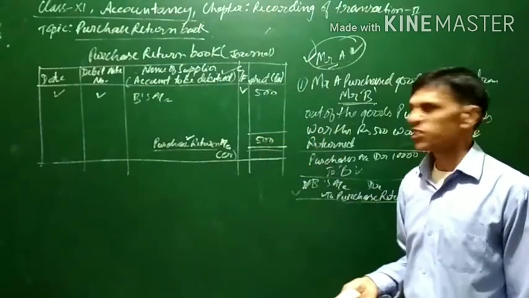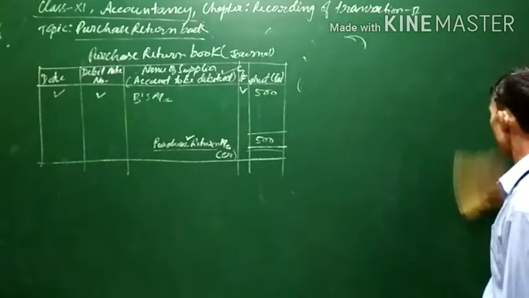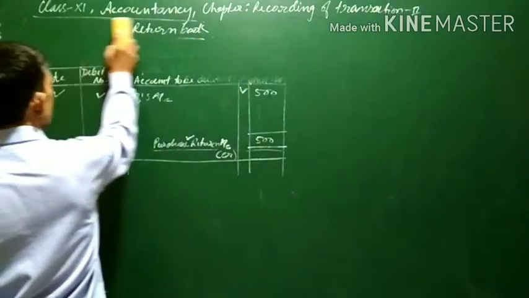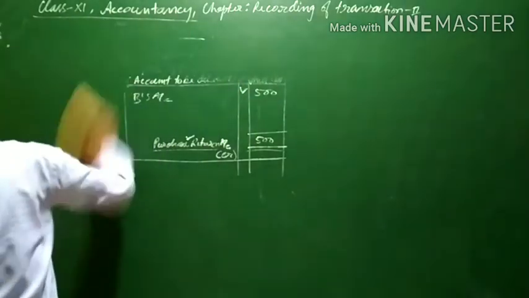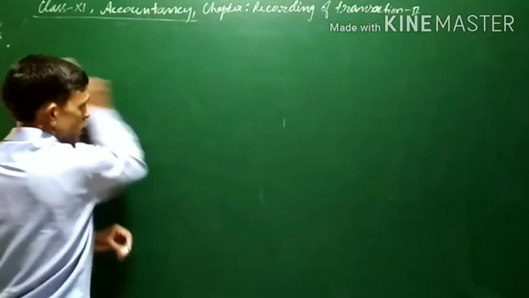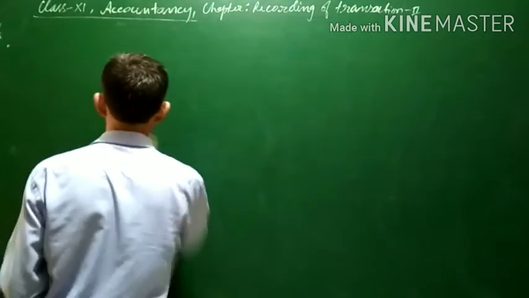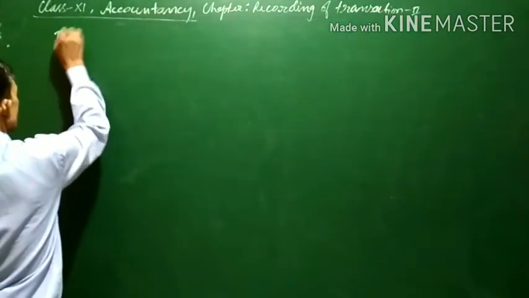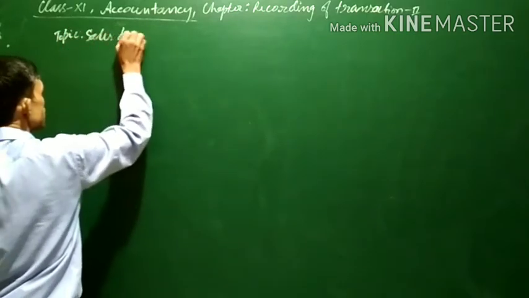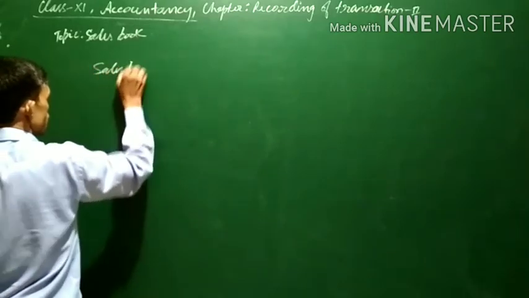Now let us come to the sales book also. Just like the purchase book, the format of the sales book is almost similar. Now, see the format of the sales book.